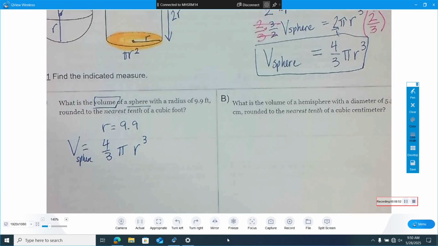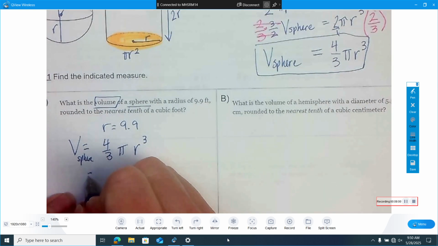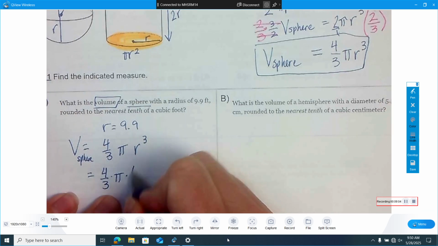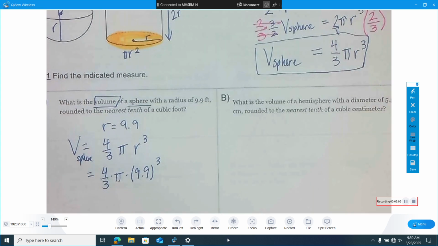Ladies and gentlemen, when you say stuff out loud, you're going to remember it better, okay? Keep that in mind. And so what are we going to do? Times 9.9 cubed. Very good. And you're going to get a calculator and you're going to plug that in and round it to the nearest tenth of a cubic foot.